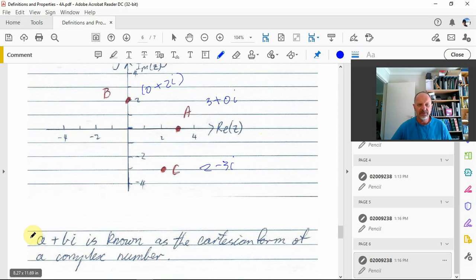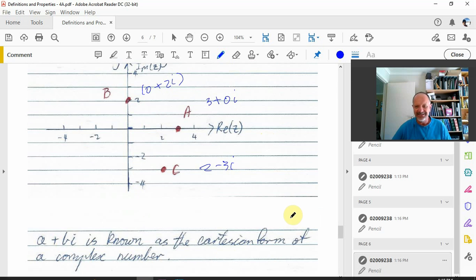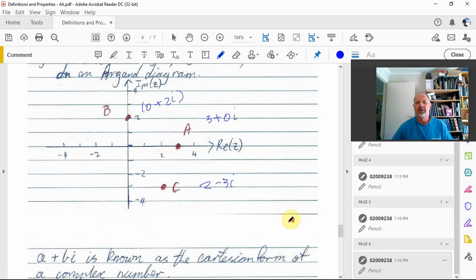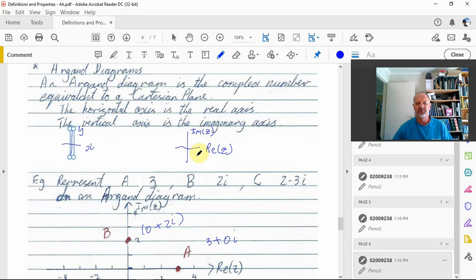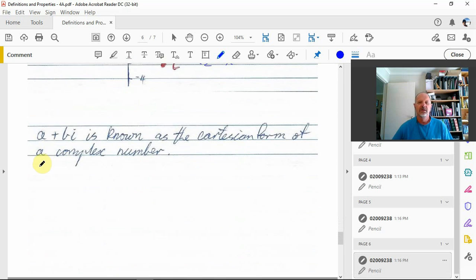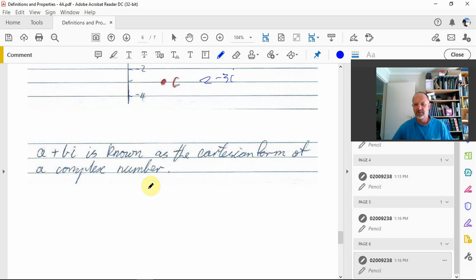All right, so this form here that we've been using, a plus bi, is known as the Cartesian form. And that's simply because of the similarity between the Argand diagram and a Cartesian plane. There is another form, polar form, that we'll get to a little bit later.